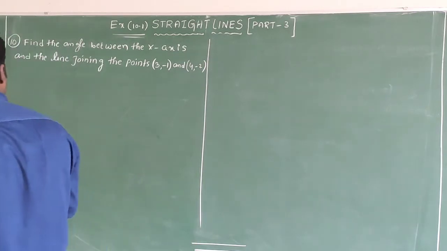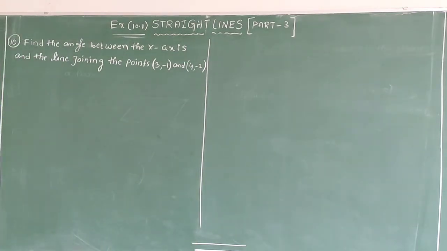Okay, we need to find the angle between x axis and the line joining the points 3 comma minus 1 and 4 comma minus 2.